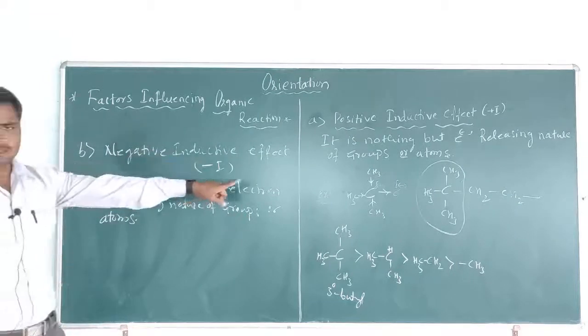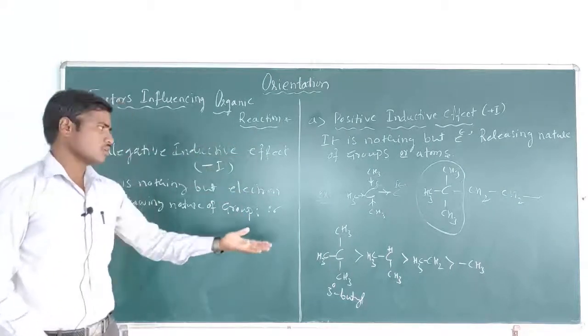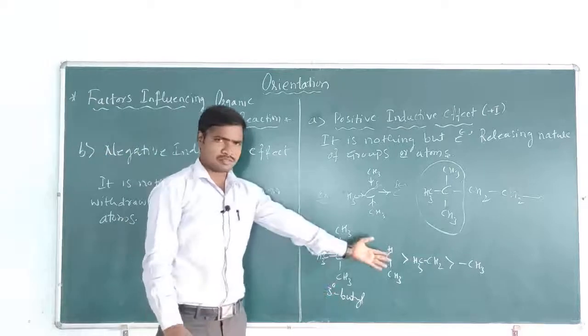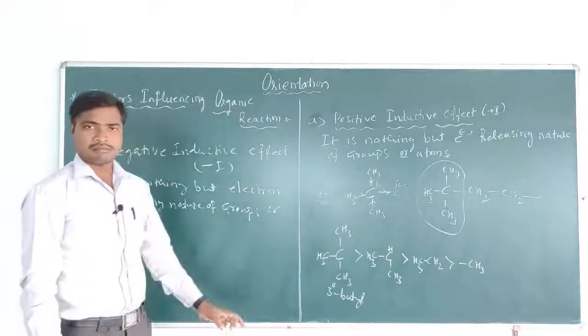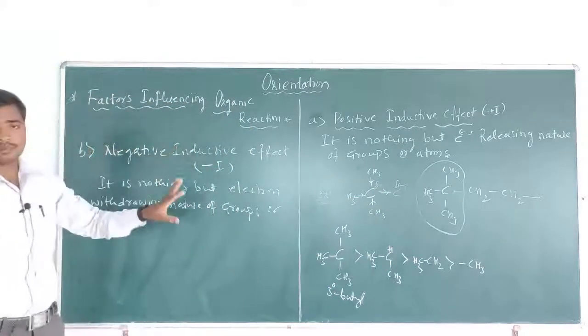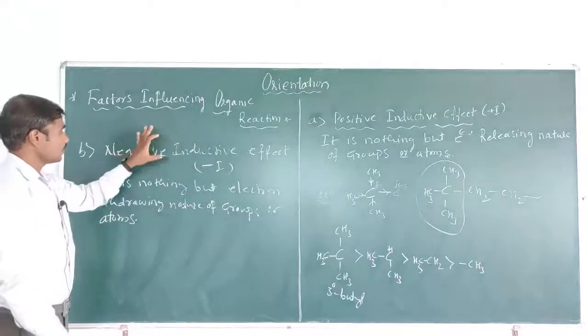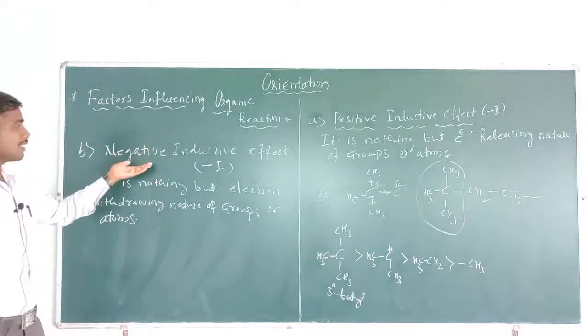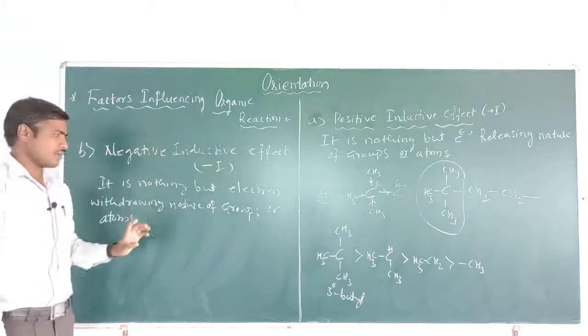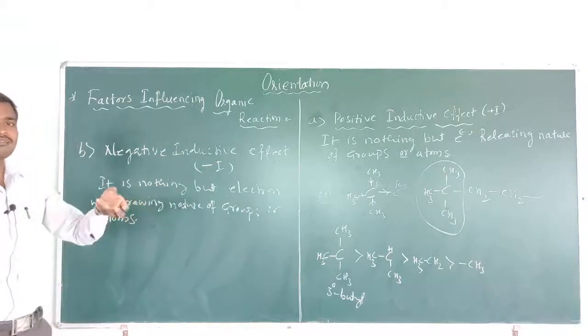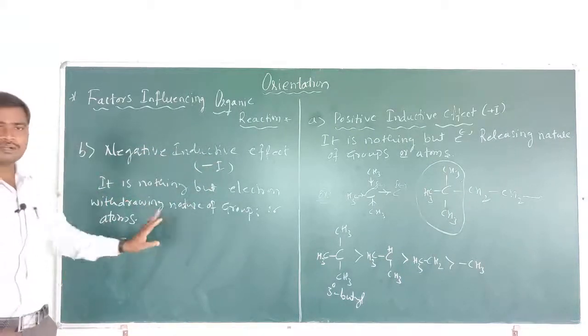So plus I effect is nothing but electron releasing nature, like tertiary butyl, isopropyl, ethyl or methyl groups. If you consider the negative inductive effect, the minus I effect, here we see an electron withdrawing nature of the groups or atoms.